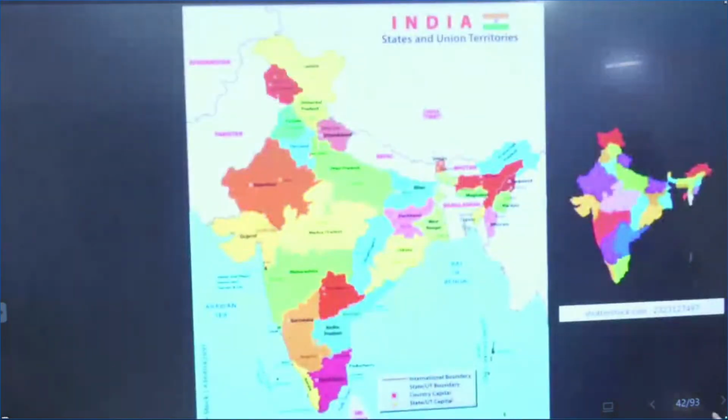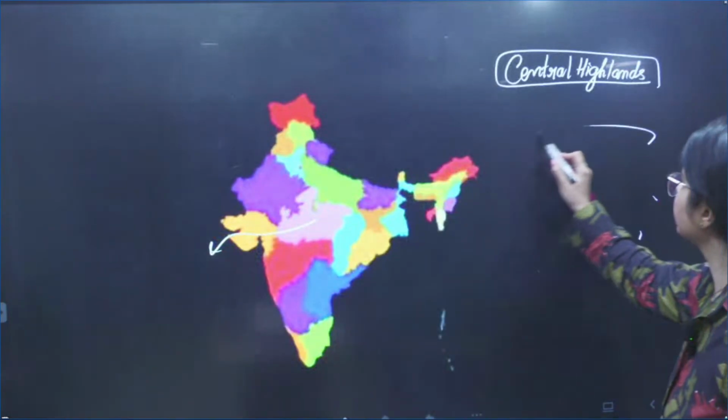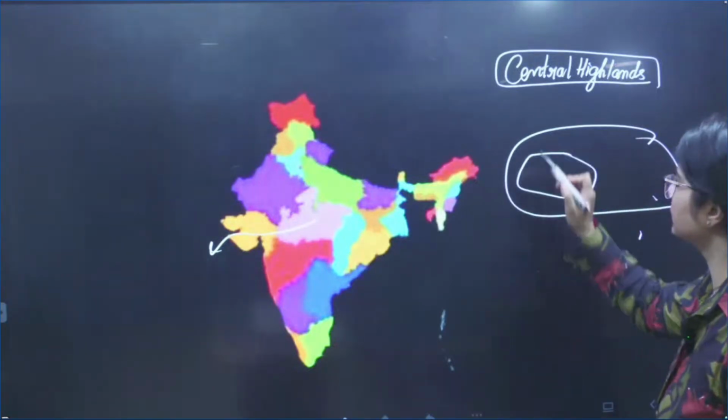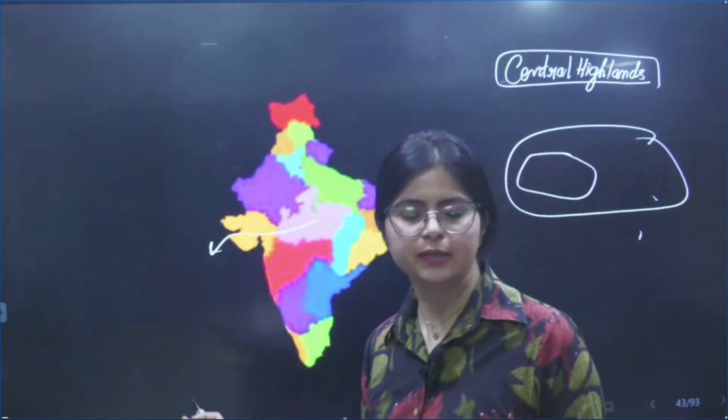In simple words, the meaning is that the Malwa plateau inside the Central Highland is making a bigger chunk. That is the only meaning. You can also write it in simple language.